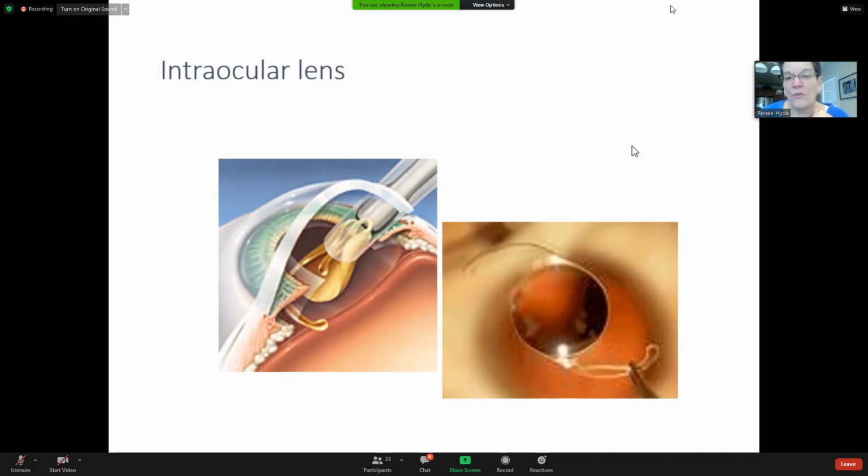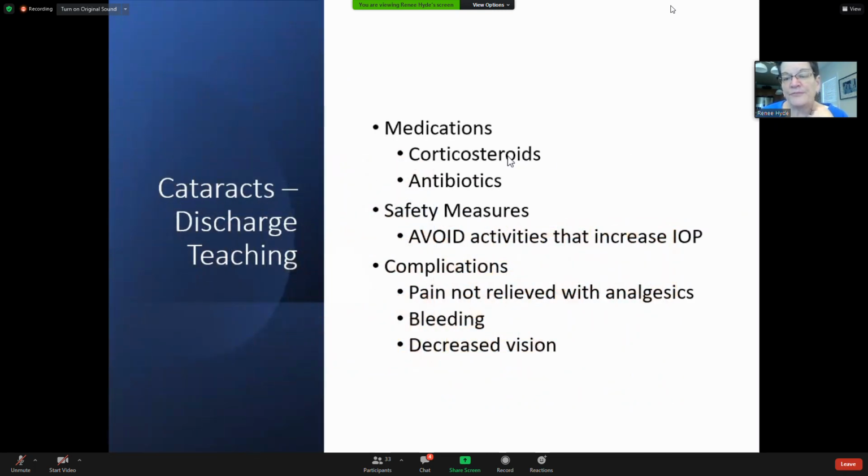Now, a couple of things you need to remember. As the nurse, one of the things we are going to do is probably post-operative teaching in these outpatient surgery areas. One of the most important things that we can do is to make sure that that patient or a family member can give their medications postoperatively.